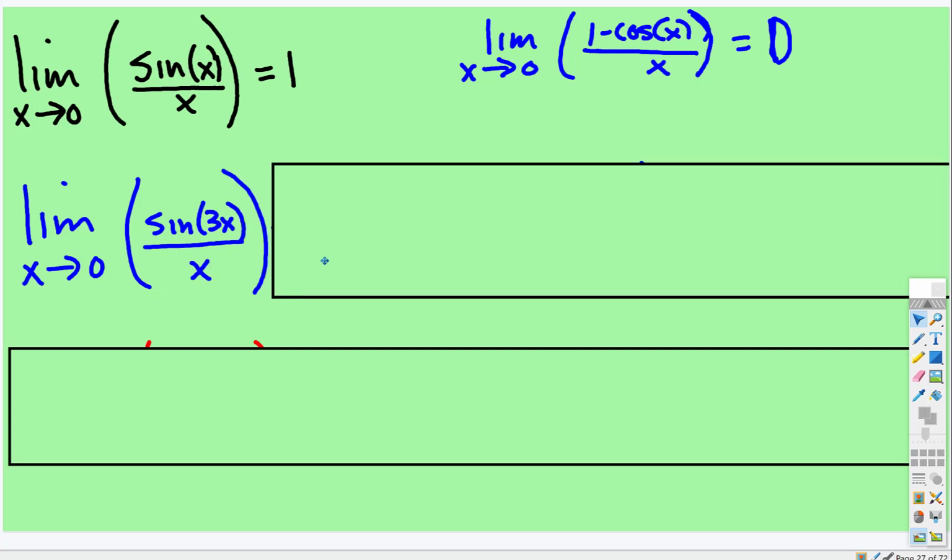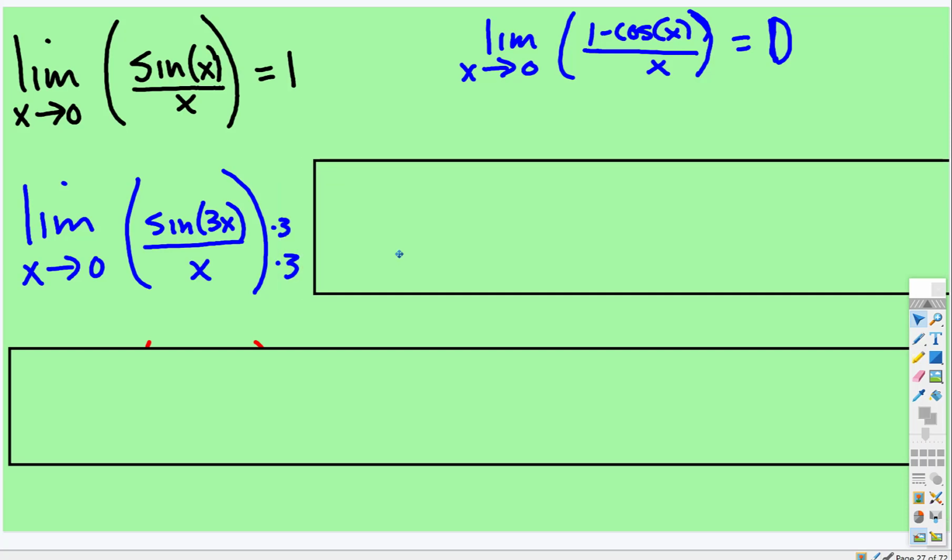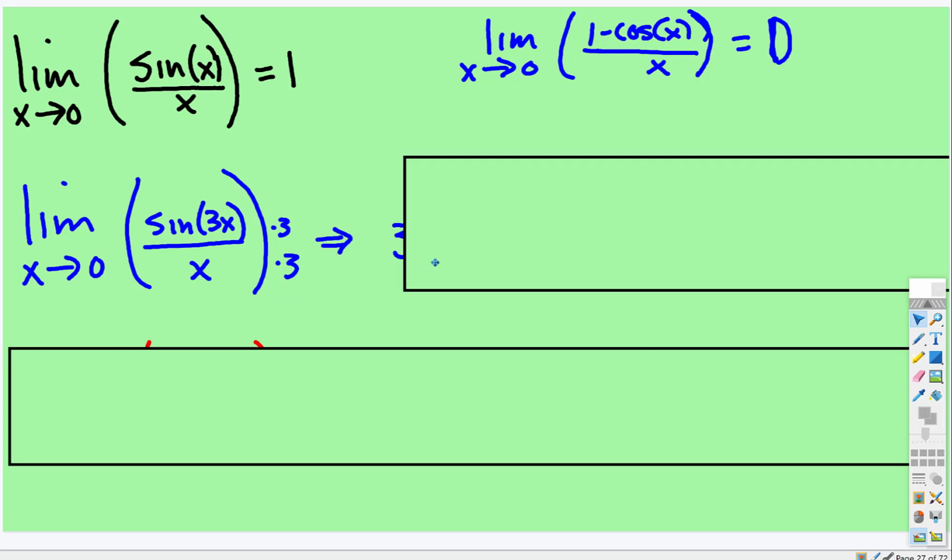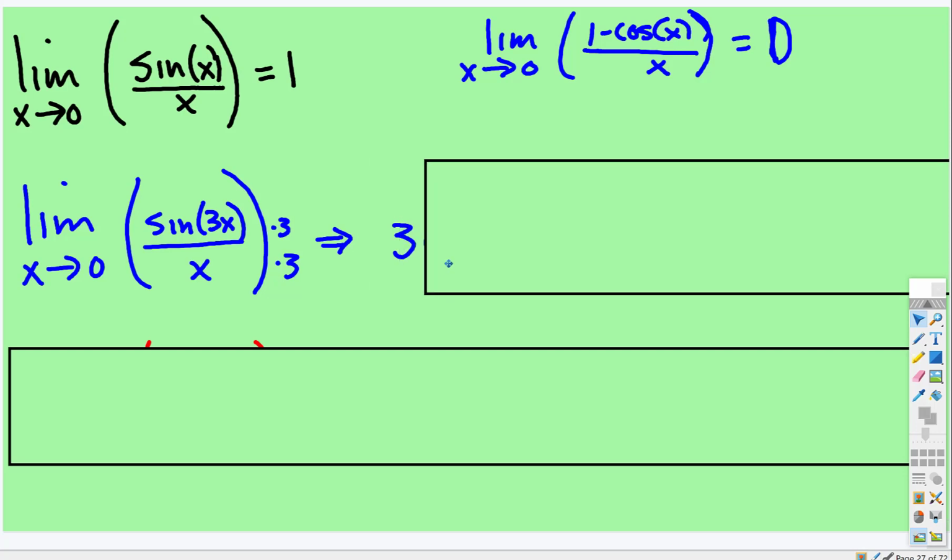All right, so if we have the limit as x approaches 0, sine of 3x over x, this does not have the 3 attached, so we would have to multiply the denominator by 3. If we do that, we have to multiply the numerator by 3. So we did that, and then remember the scalar rule. If a limit's being multiplied by a scalar, then you can take that scalar and put it on the outside.